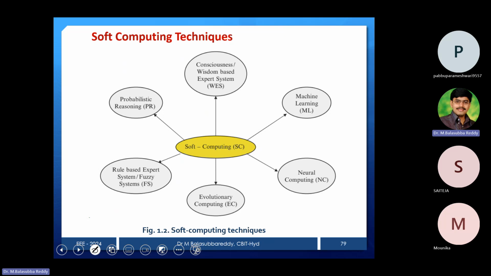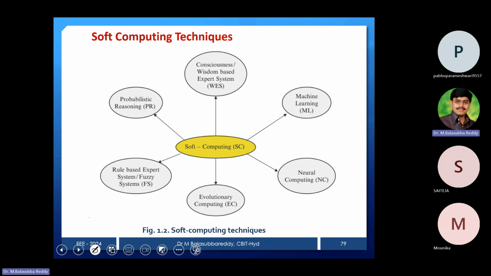Soft computing techniques. There are a lot of soft computing techniques, by the way. So not only the conventional approach, after conventional, it has evolved as a soft computing mechanism. In that case, there is one thing we can observe here.